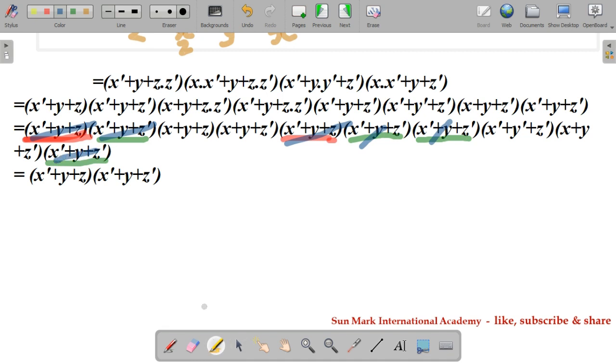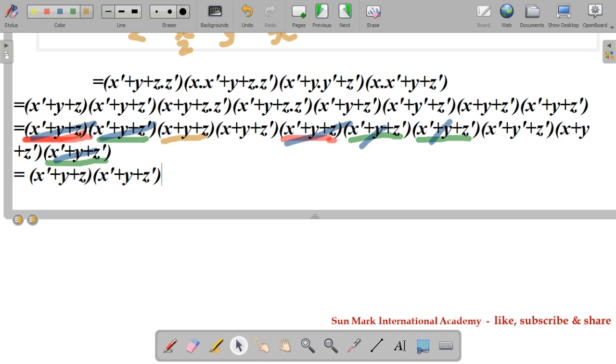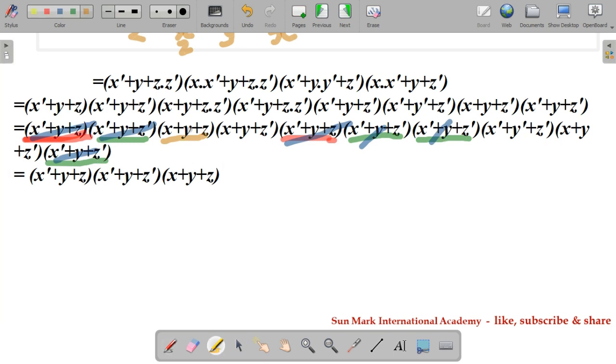The third one I am drawing in this color, x plus y plus z. Any other x plus y plus z? No, we don't have more, only one. So just write the same, x plus y plus z, and strike it out.